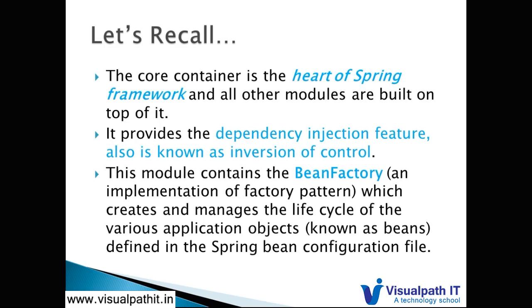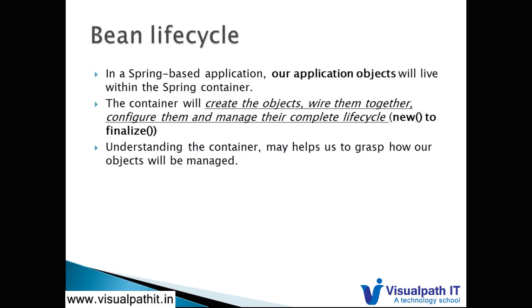So now let's get into understanding of the further concepts of the core container. First comes the Bean life cycle. In a Spring-based application, all the application objects will live within the Spring container.